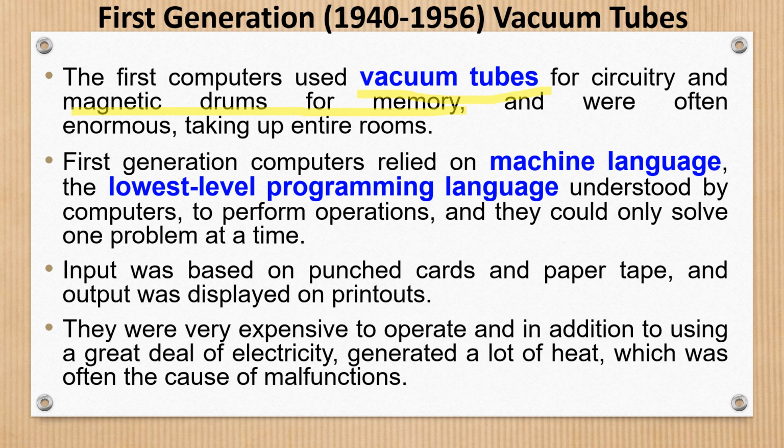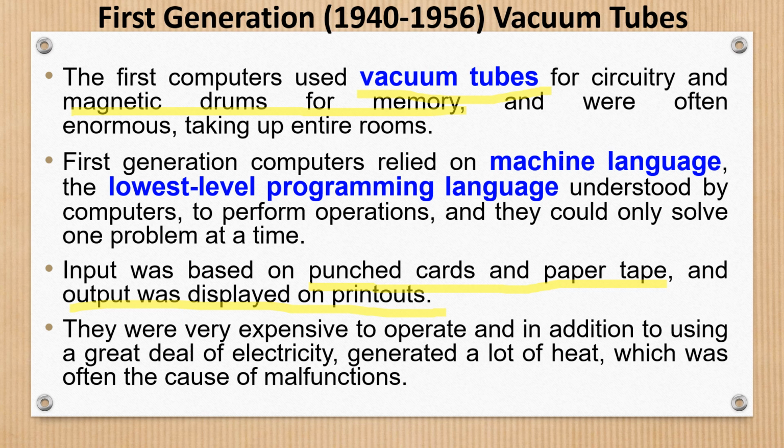Next, the input was based on punch cards and paper tapes. The input is taken using punch cards, the concept of the punch card was used in the first generation, and paper tapes also, and the output was displayed on printouts.